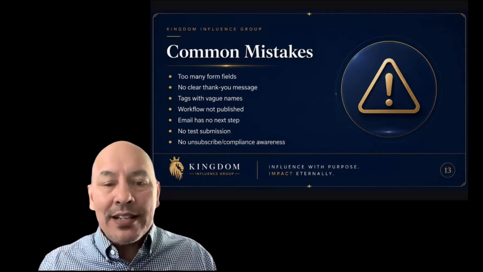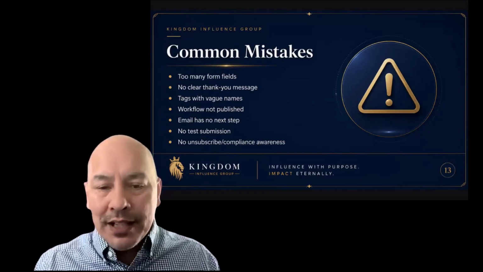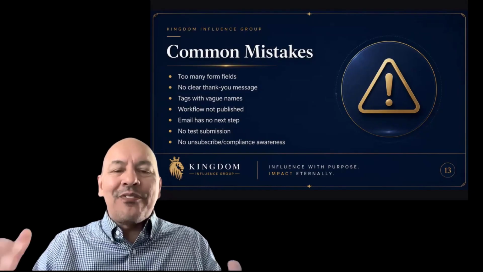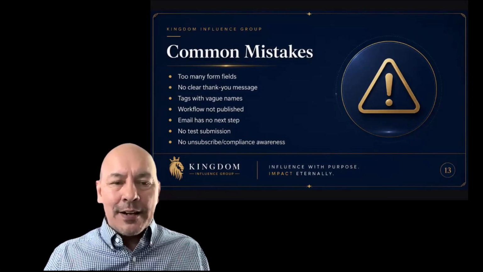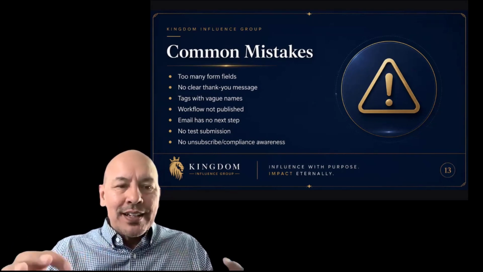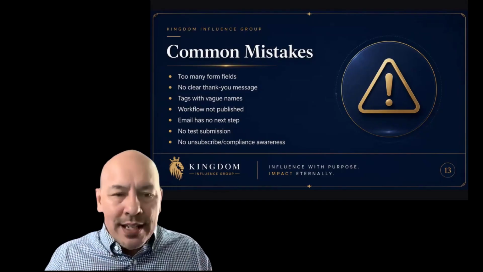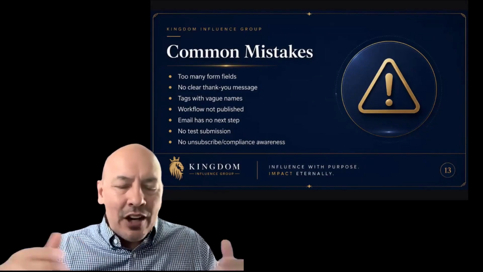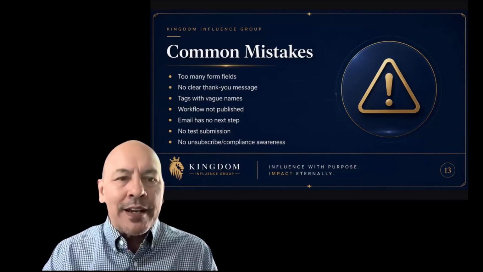And maybe not even their last name. Just first name and email address. That's it. That's all I need, and I'm going to have you, okay? And it feels less intrusive. It feels less threatening, less scammy. I just want the bare minimum, okay?